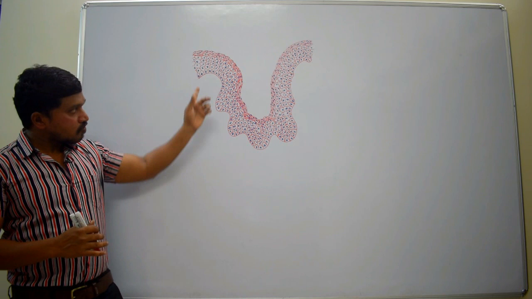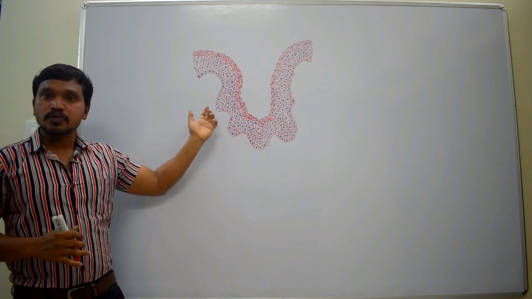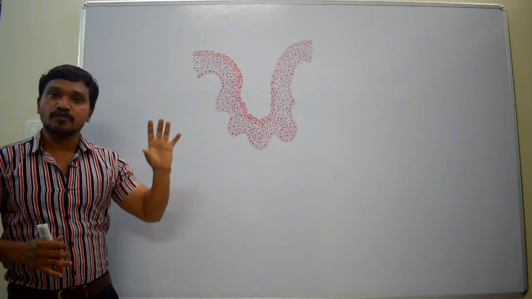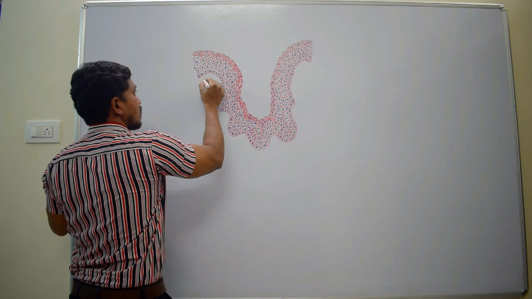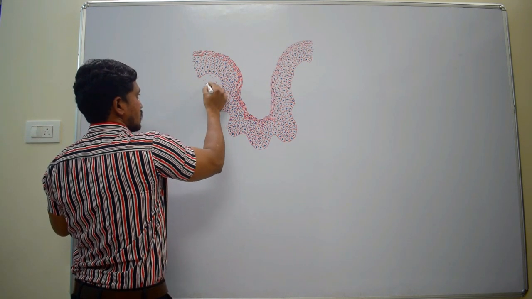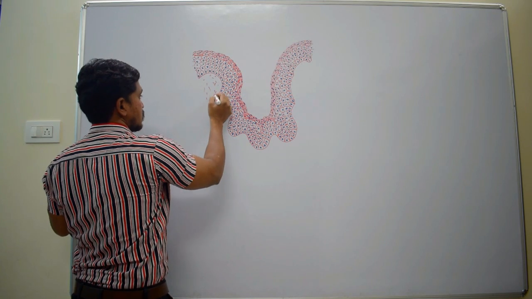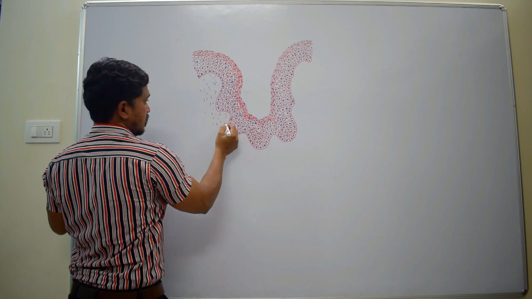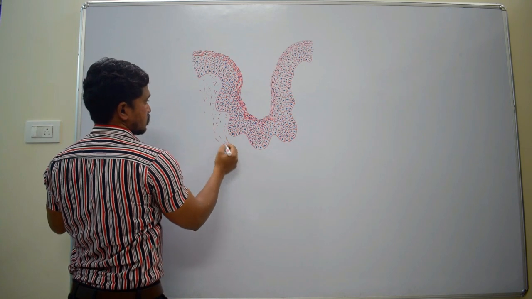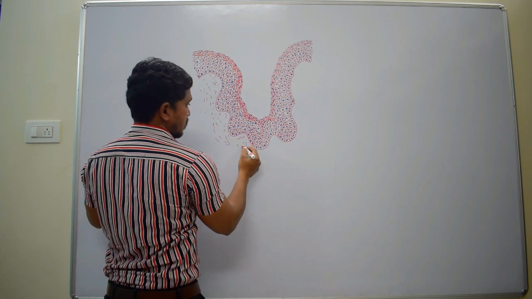Now, I am going to draw the lamina propria along with some lymphatic follicles. Here is the connective tissue, with connective tissue fibers, cells and ground substance. So, this is the lamina propria.